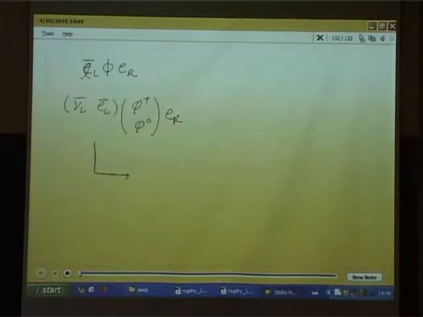Then electroweak symmetry breaking happens. So what does this mean? In this phi plus and phi 0, my phi plus is 0 because phi 1 and phi 2 are 0, and my phi 0, let me write it exactly, is V plus H. Here V is the vacuum expectation value and H is the small fluctuation around the vacuum.